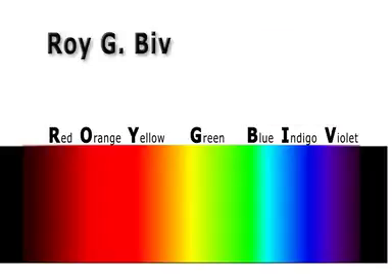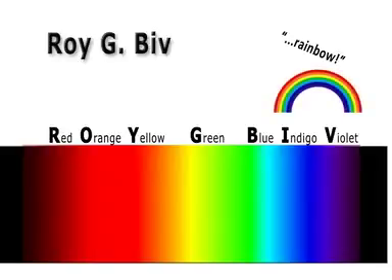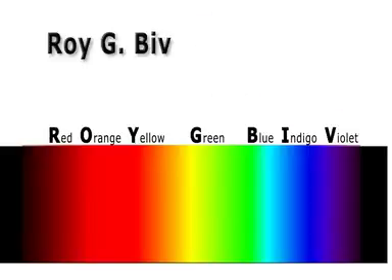People often use the word rainbow to mean whenever white light is separated into the light spectrum of Roy G. Biv, whether it's coming from rain or even a prism. By the way, if we got rid of the color indigo, then Roy doesn't have a vowel in his last name, so clearly indigo belongs there.